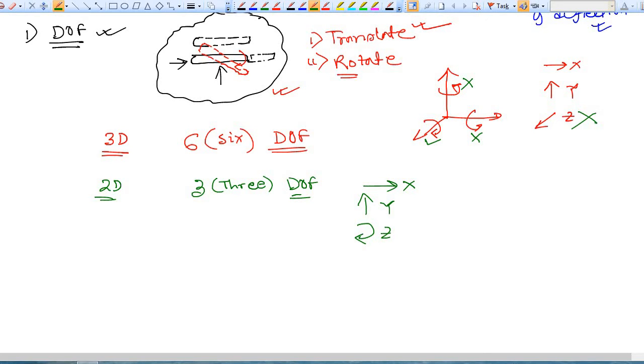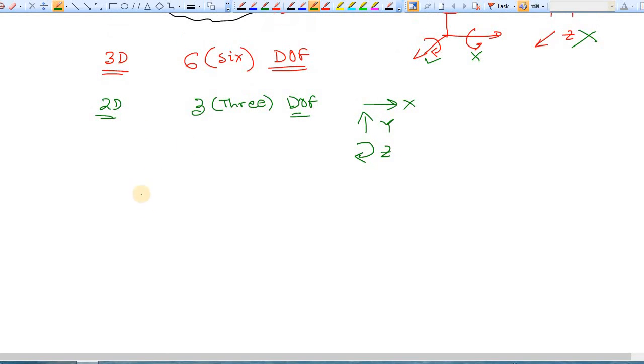Now again consider a body. Let's say this is your 2D body, and there is no restraint; it is simply placed in a 2D system. This is x and this is y. Now apply any threat or force.